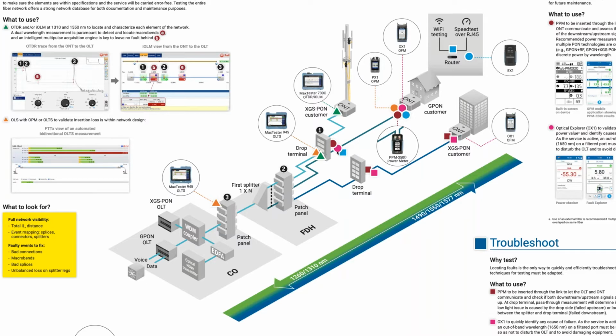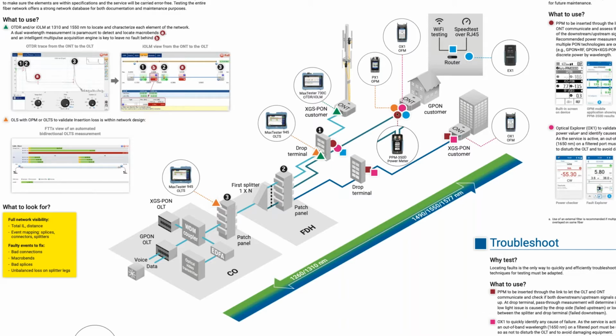If you have a single wavelength coming down from the CO to your customer, 1490 typically for GPON, you can check the power level at the customer's premises with a simple power meter, a PX1. I've got an MPC here, and that will basically tell you whether or not the ONT has enough light to operate within its parameters.